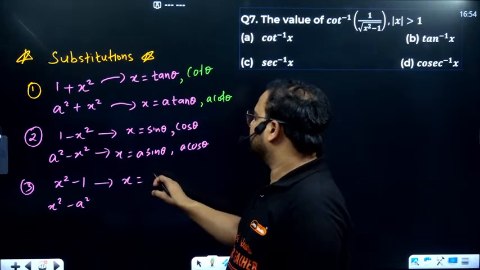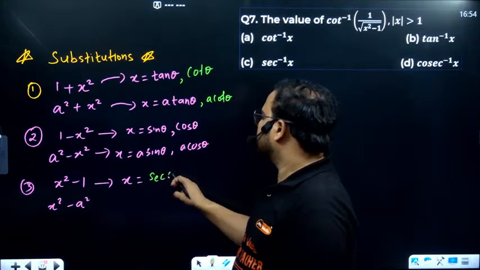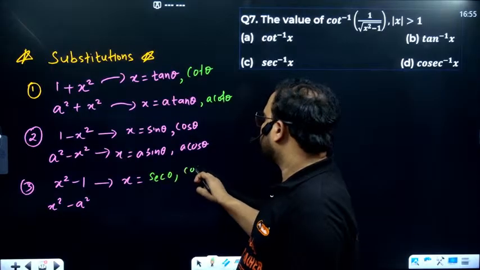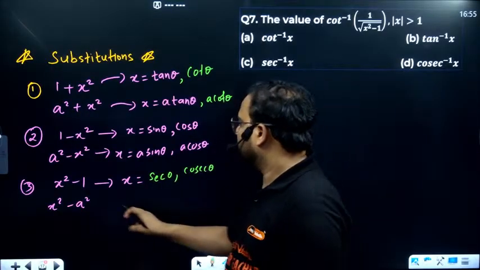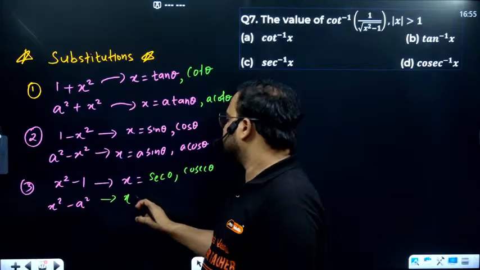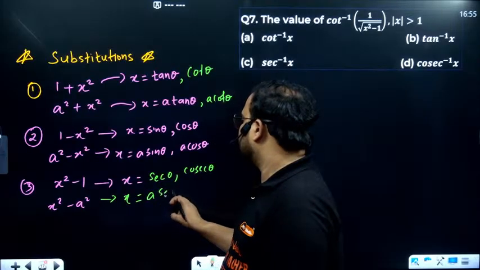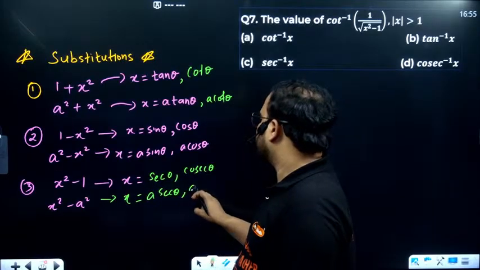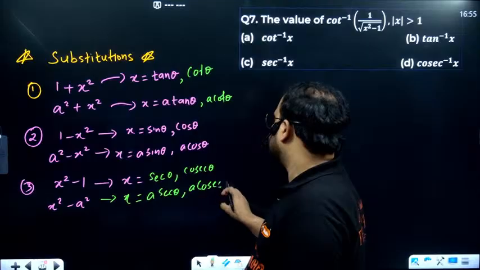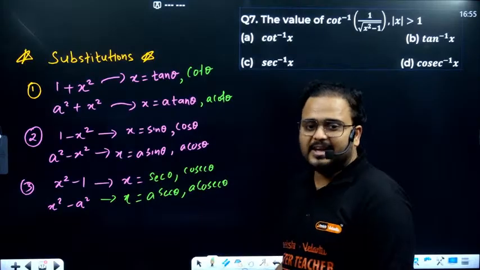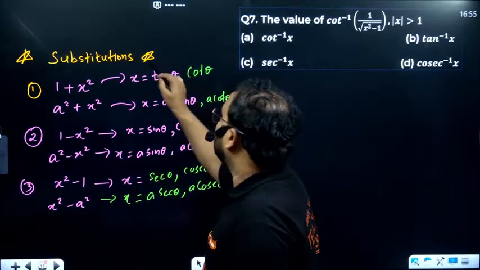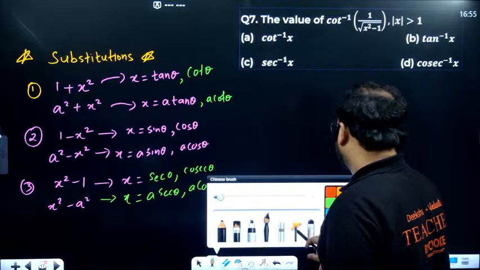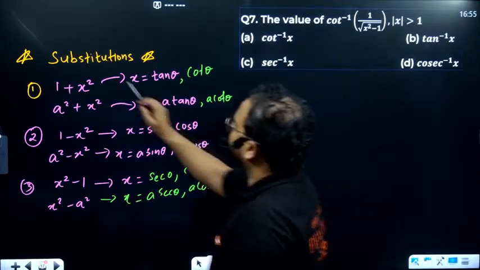If you have this, you're going to take x as sec theta or cosec theta. Over here, x as a sec theta or a cosec theta. Please remember this. They are not difficult to remember.